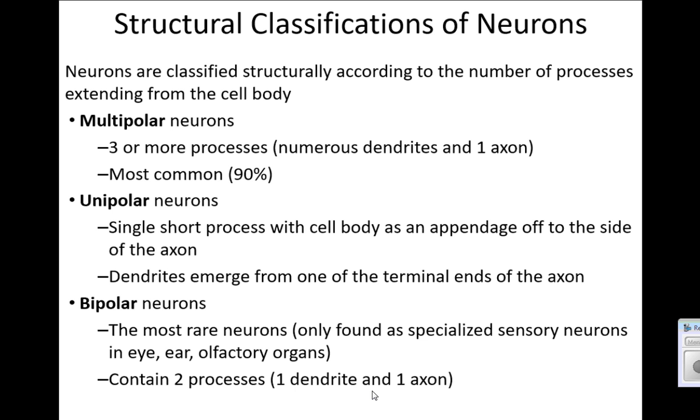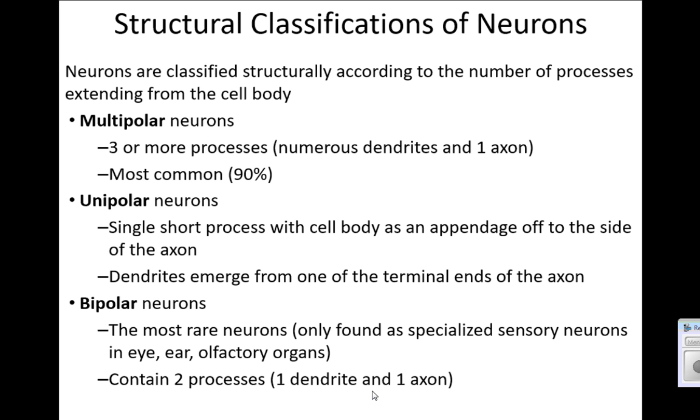I've drawn some simple pictures of them over here on the board. Multipolar neurons have at least 3 extensions. Here's the cell body. Here's a couple of dendrites. There's probably a whole bunch more than that, and 1 axon.